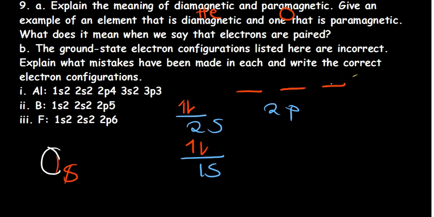How many more do we need? We have 4 already. So 5, 6, then 7, and then 8. So see, there are 2 electrons that are unpaired there. So this makes it paramagnetic.